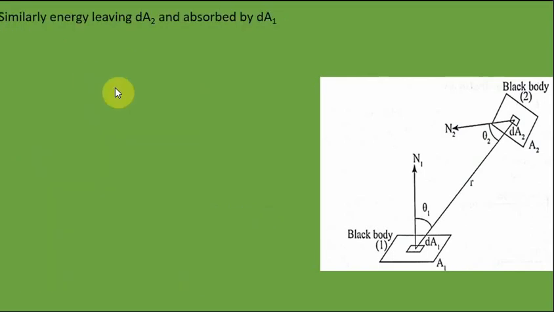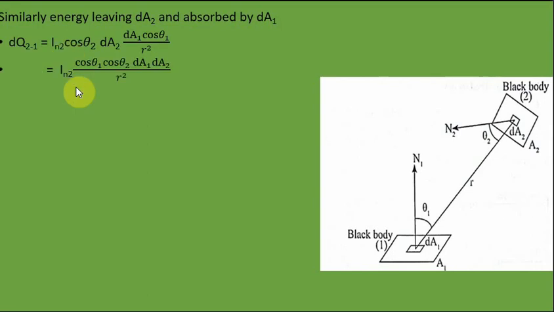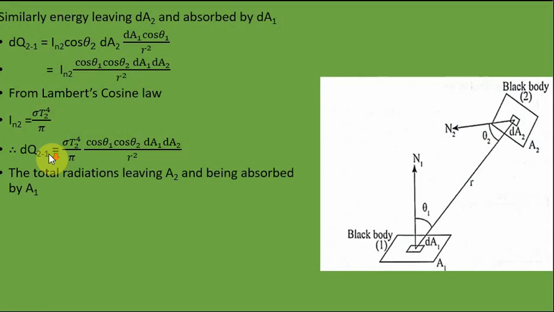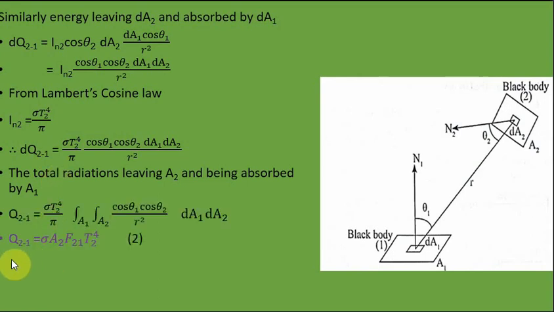Similarly, energy leaving dA2 and absorbed by dA1 in the reverse way can be written like this. Applying Lambert's cosine law and integrating with respect to A1 and A2, finally we can write Q21 is equal to sigma A2 F21 T2⁴, where A2 F21 is this value.